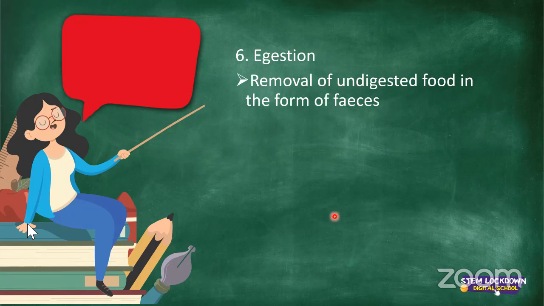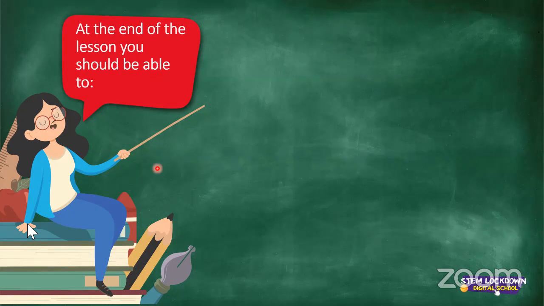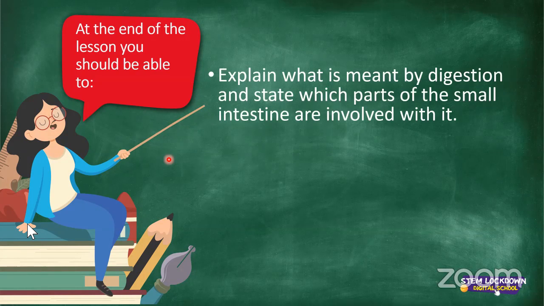Okay, so let us quickly look at our study objectives. First one, you should be able to explain what is meant by digestion and also state which parts of the small intestine are involved with digestion.